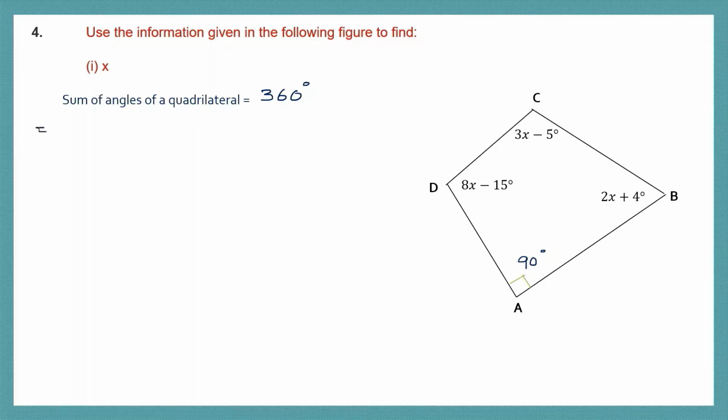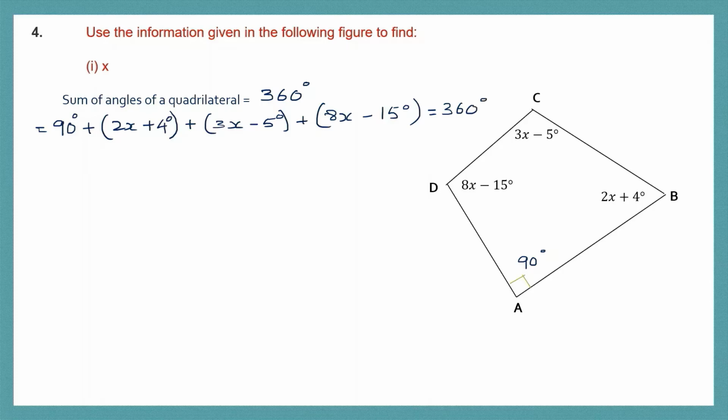So let's start with A. A is 90 degrees. B is 2x plus 4. C is 3x minus 5. And D is 8x minus 15 degrees. All this should be equal to 360 degrees.